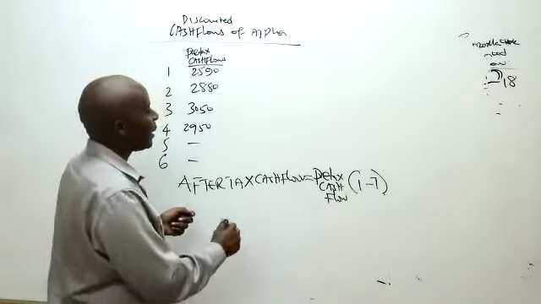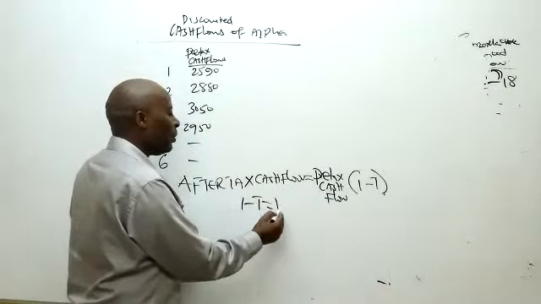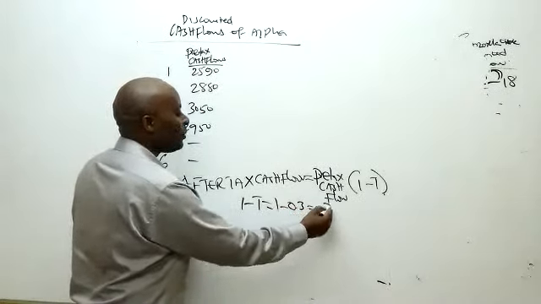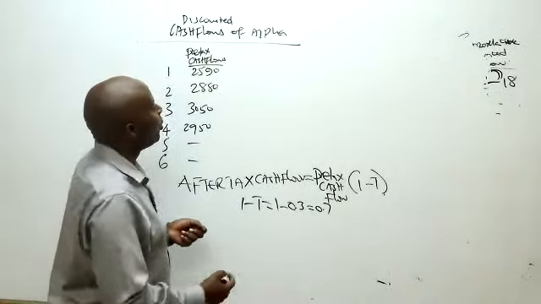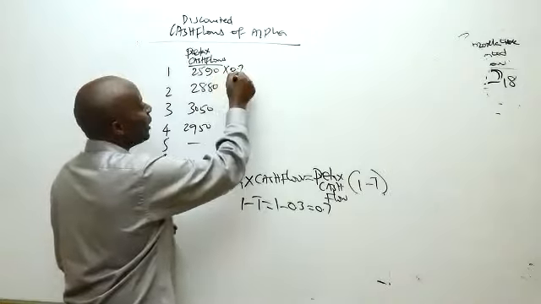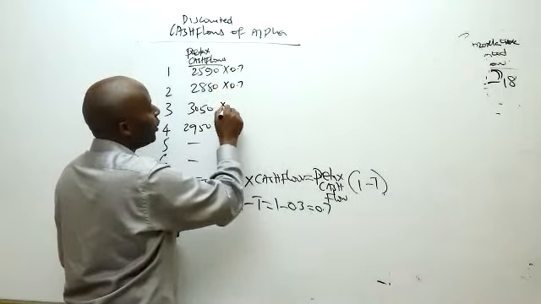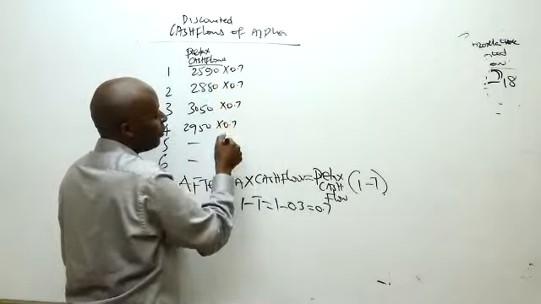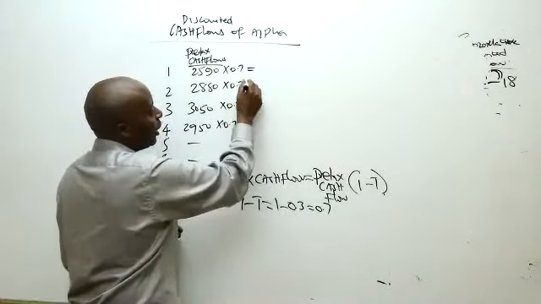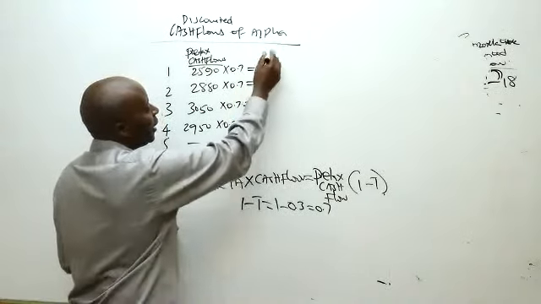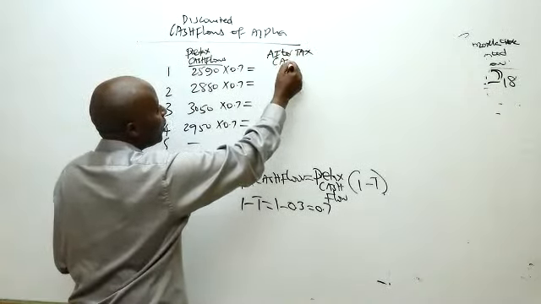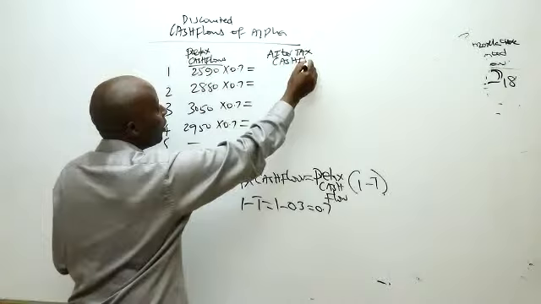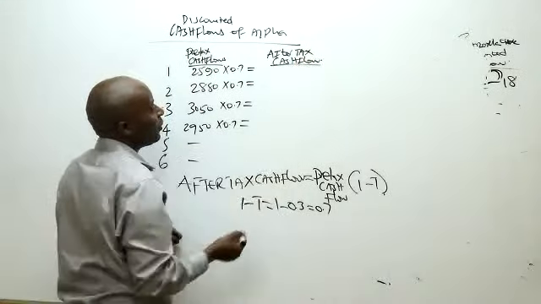So my 1 minus t will be 1 minus 0.3, which gives me 0.7. So you need to multiply these figures consistently with 0.7 for you to get the after-tax cash flow.